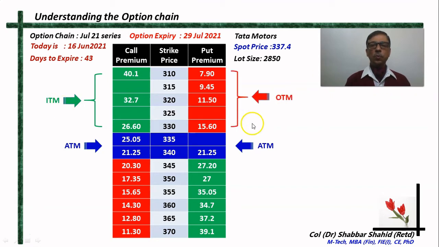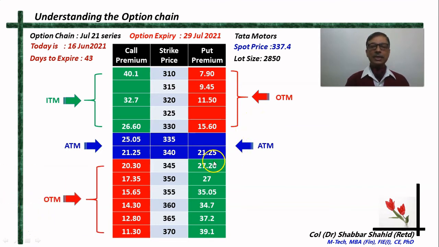And we also know that when the spot price is higher than the strike price, then the put options are called out of the money put options. So on one hand, these call options are in the money and these put options are out of the money.